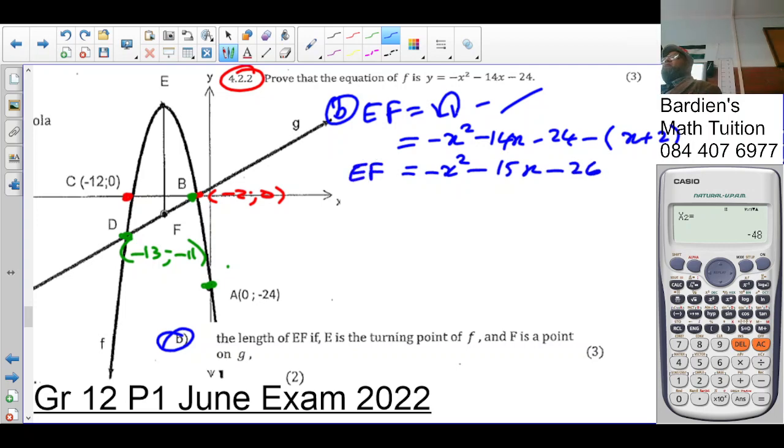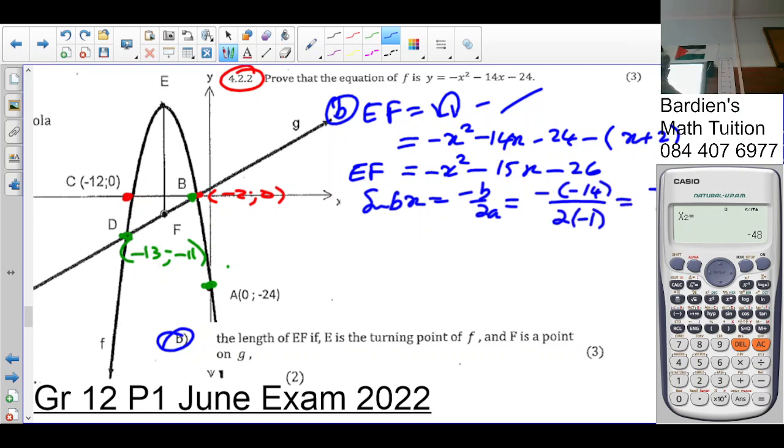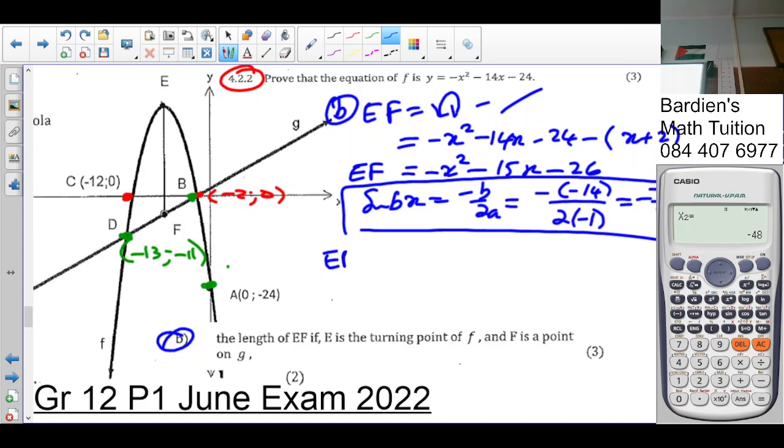So how do I get the value of EF? By substituting your x value in at this point, which is actually your axis of symmetry, which is minus b over 2a, so it's negative negative 14 over 2a, which gives us negative 7. So we're substituting x is equal to negative 7 into EF. So EF is equal to negative negative 7 squared minus 15 times negative 7 minus 26.